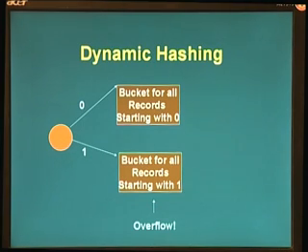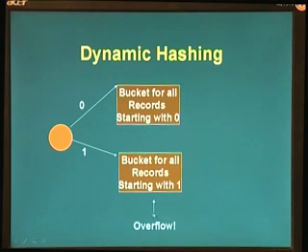When there is an overflow, the bucket is split into 2 different buckets, and you can notice the labels for the edges joining these buckets. The first bucket is the set of all records whose keys start with 0, and the second bucket is the set of all records whose keys start with 1, assuming that our keys are made of binary strings.